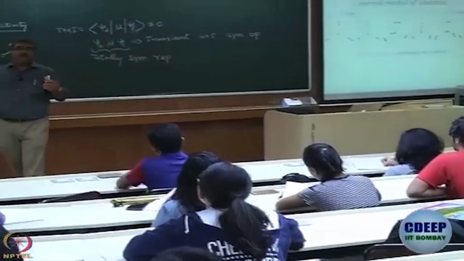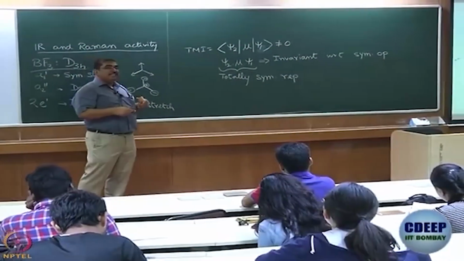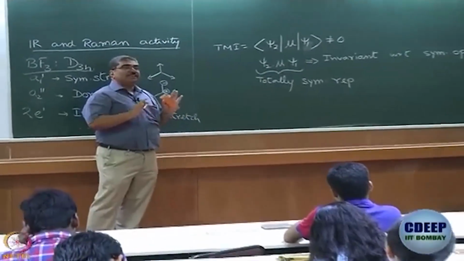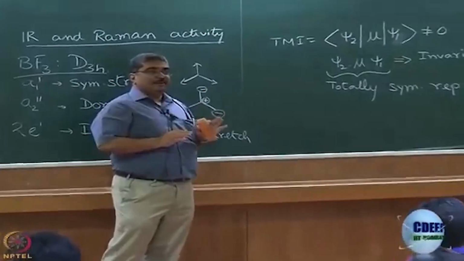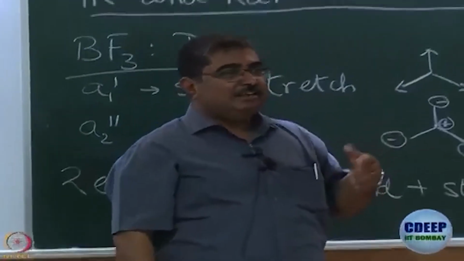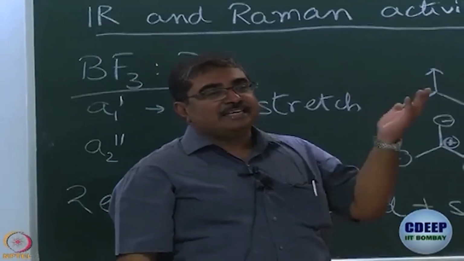So, they are saying A1 is true for things like water, but then it is called different things in different point groups, isn't it? So, instead of saying A1, it is better to say the totally symmetric representation, because if there is a point of inversion, you will call it A1g. If there is a sigma h, very often you call it A1g dash, right.